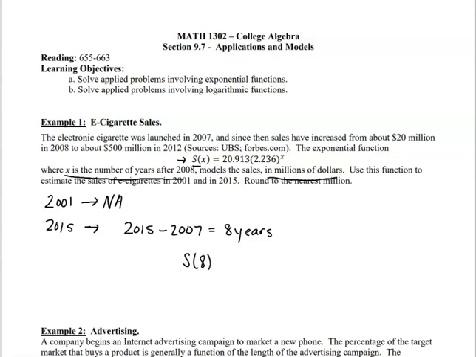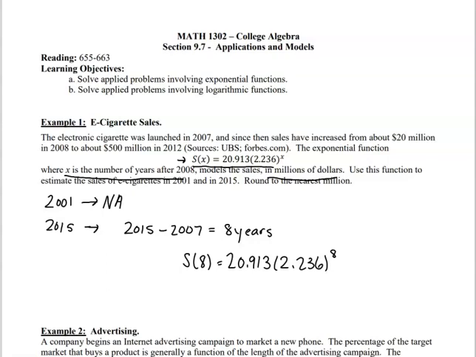So I'm just using our function that we have right here. So if I plug in 8 for x, 20.913 times 2.236 raised to the 8th power. X is the number of years since 2008, and so 8 years have passed.